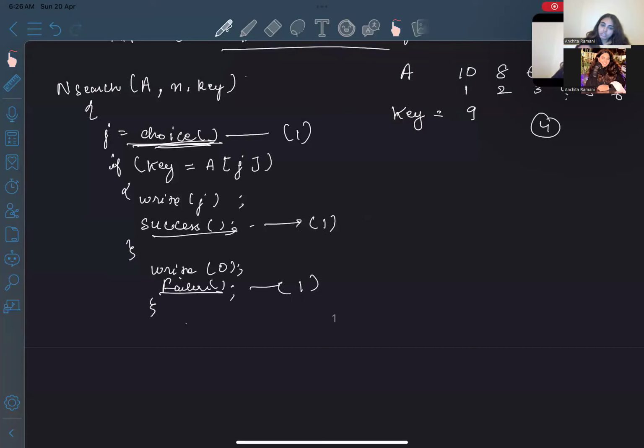So the algorithm will result in constant time, right? This is how a non-deterministic algorithm is written. And this was just for an idea, okay?